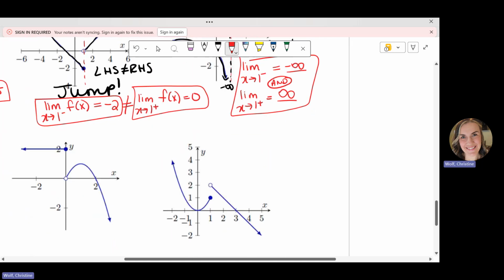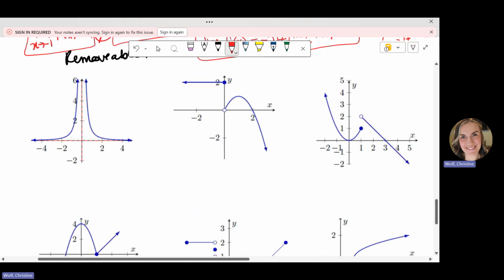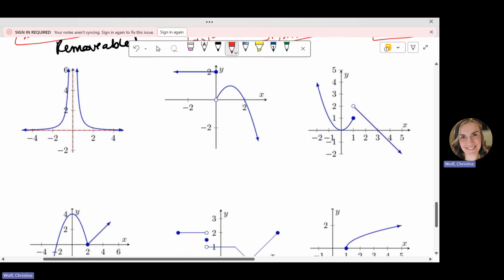All righty, final 2 rows. I hope you can see here it's probably going to be infinite again because we have both sides of the limit approaching infinity, and we were approaching x equals 0.